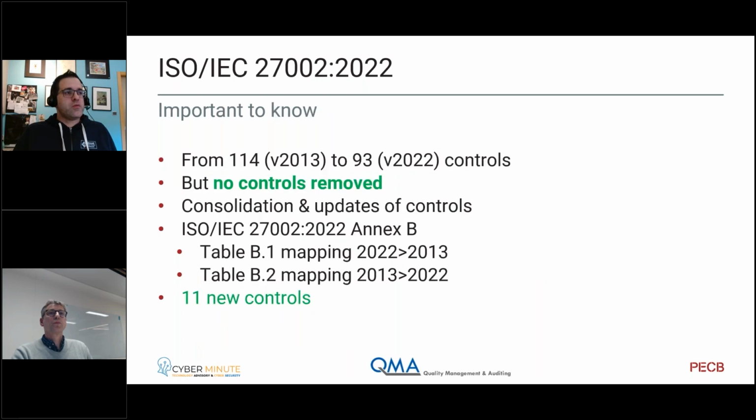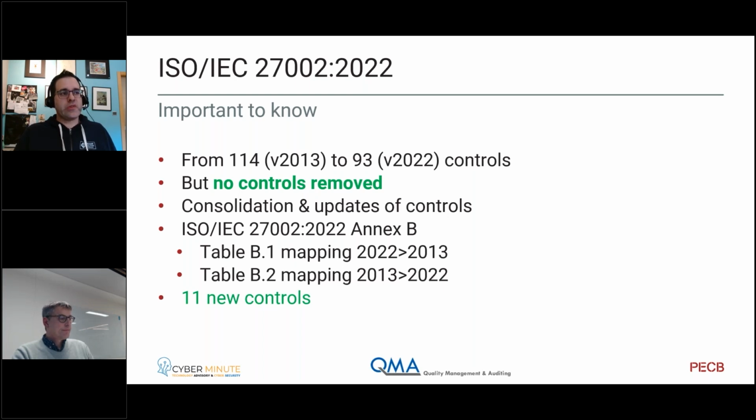Just a reminder on that one, it's very important to know that we had 114 control items, so measures to be audited and to be implemented in the 2013 version. Strangely enough, we only will have 93 left, but very important to know that in essence no controls have been removed, so you don't need to kill the existing implementations.